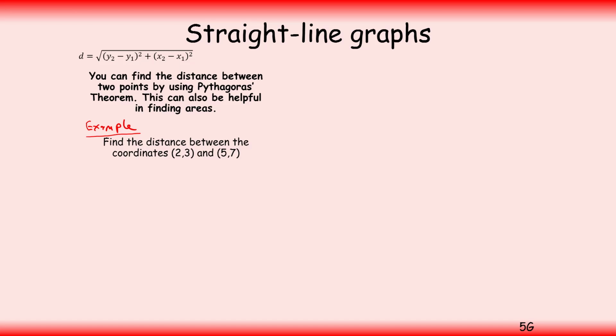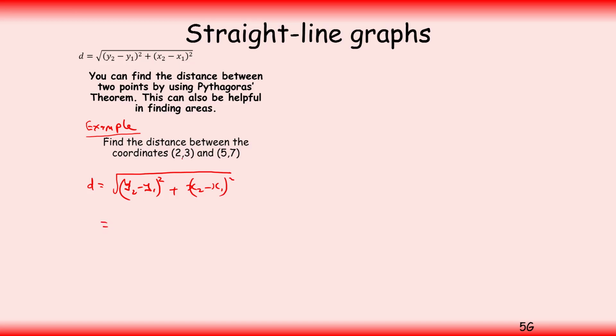So in this example, we've got to find the distance between the coordinates 2, 3 and 5, 7. So we've got our formula, and it's written above there if you've forgotten already. d is equal to the square root of y2 minus y1 squared plus x2 minus x1 squared.